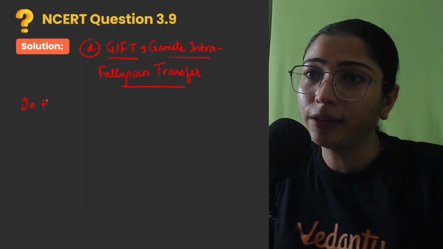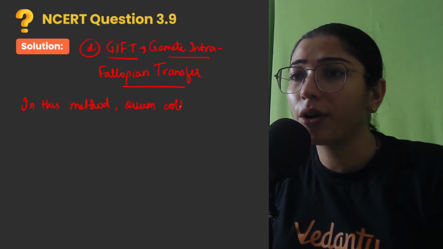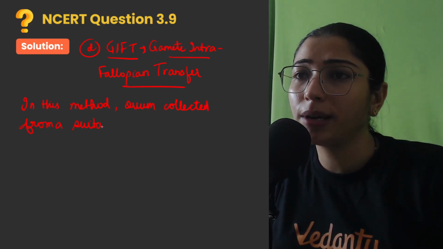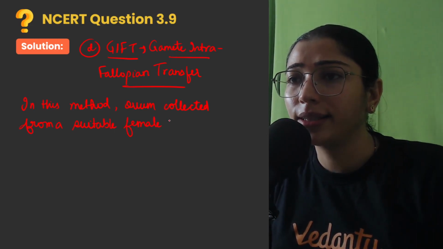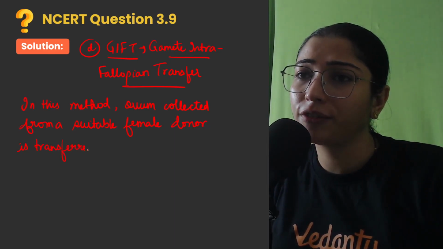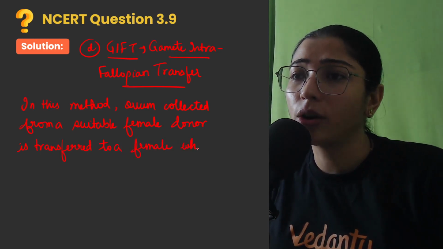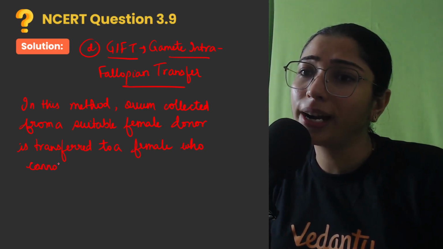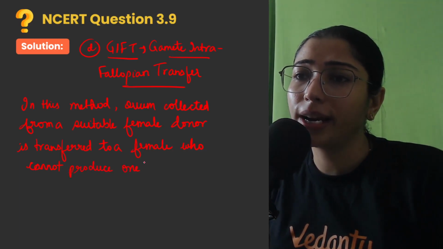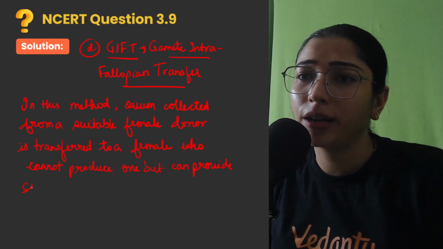So in this method, ovum collected from a suitable female donor is transferred to a female who cannot produce one but can provide a suitable environment for fertilization.